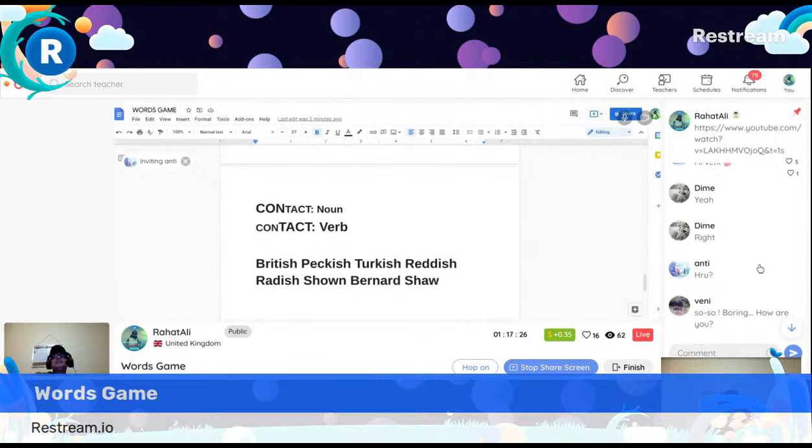So you see, many of our students can't pronounce these words correctly. So British, peckish, Turkish, reddish, radish, shown, Bernard Shaw.